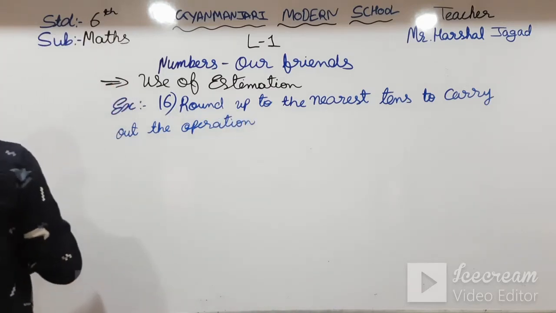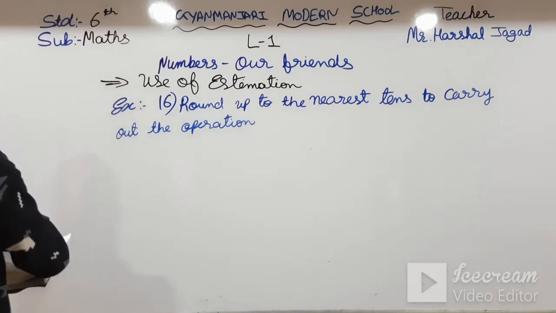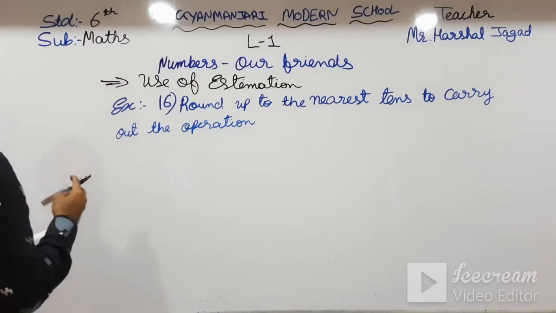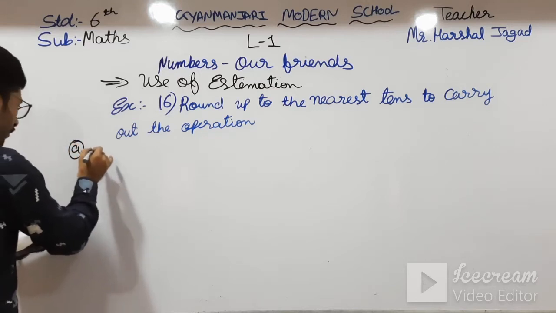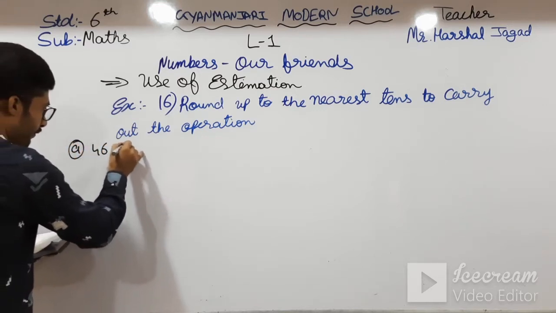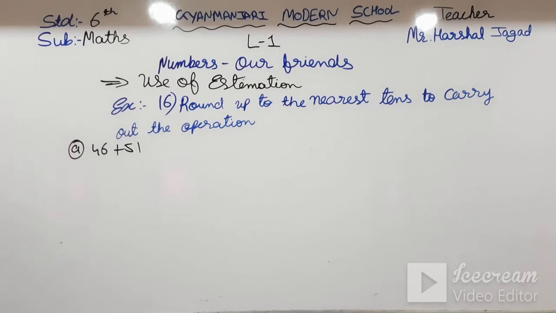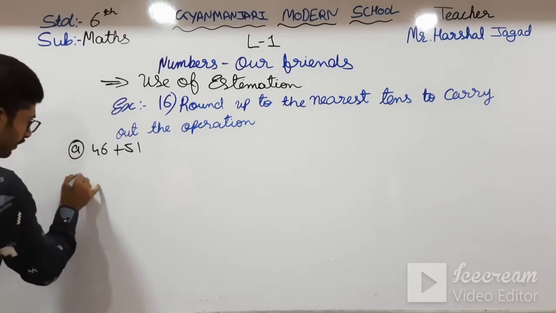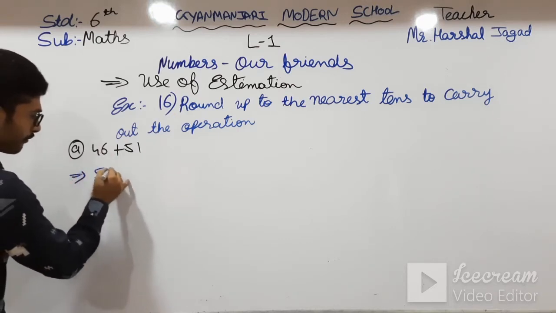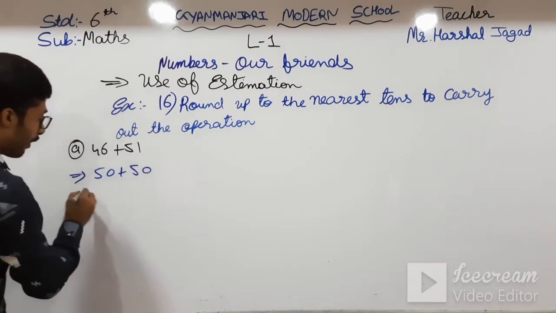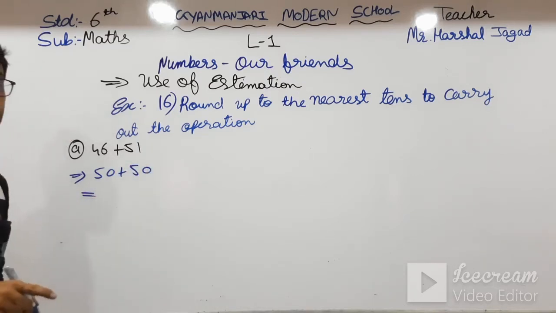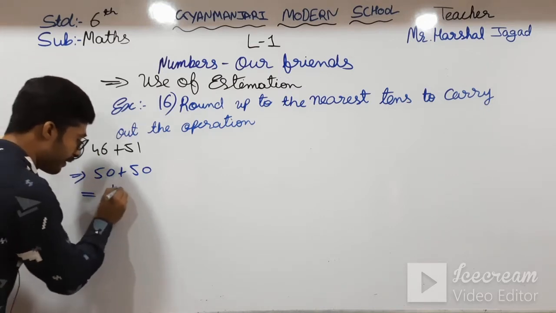In that, A is 46 plus 51. Okay students, 46 plus 51. So, if we take 46 is equal to 50 and also 51 is equal to 50, what is the approximate answer of this? 100.